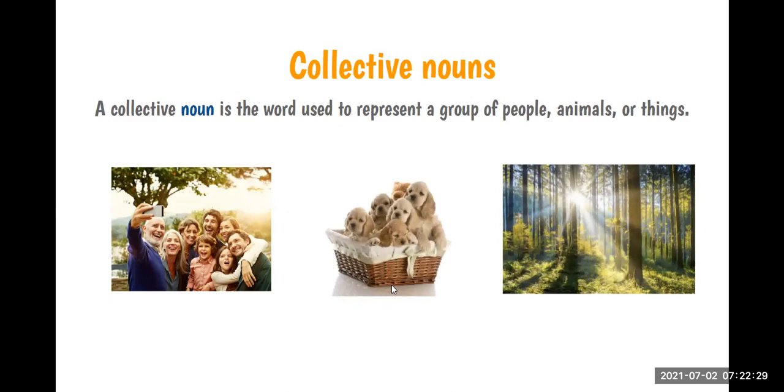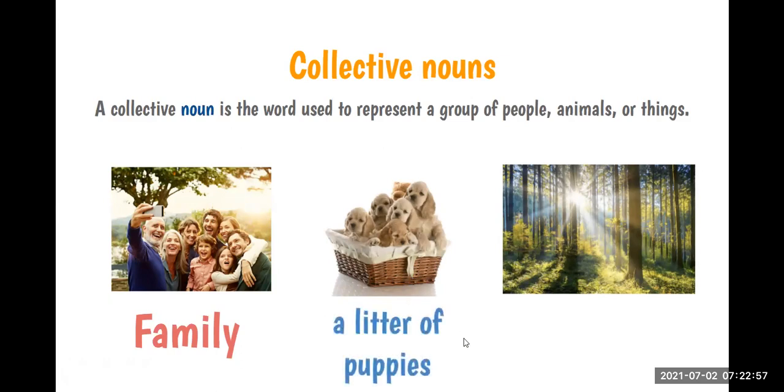So we can have, as we saw before, collective nouns for people, for animals, or for things, okay? So I want you to tell me, what collective noun do you think we can use here for this group of people? Family. Family, right? Very good. What about this one? Group of pets, or puppies. Puppies could be. Specifically, we use here a litter of puppies. How can we say this in Spanish?